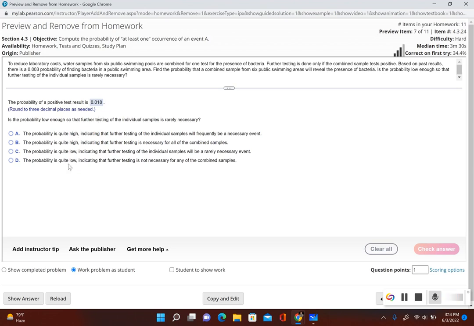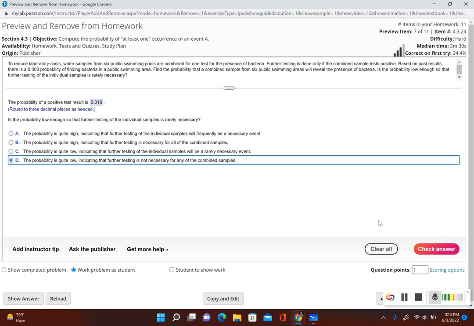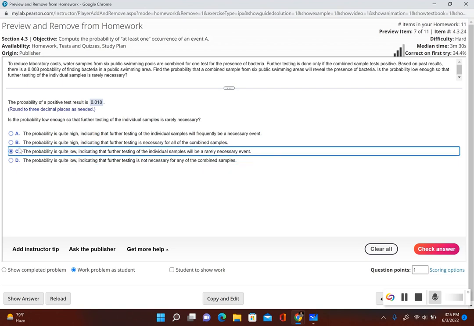So the probability is quite low, so that further testing of the individual samples is not necessary. So let me take a look at C first. There we go. That's actually part C, answer C.